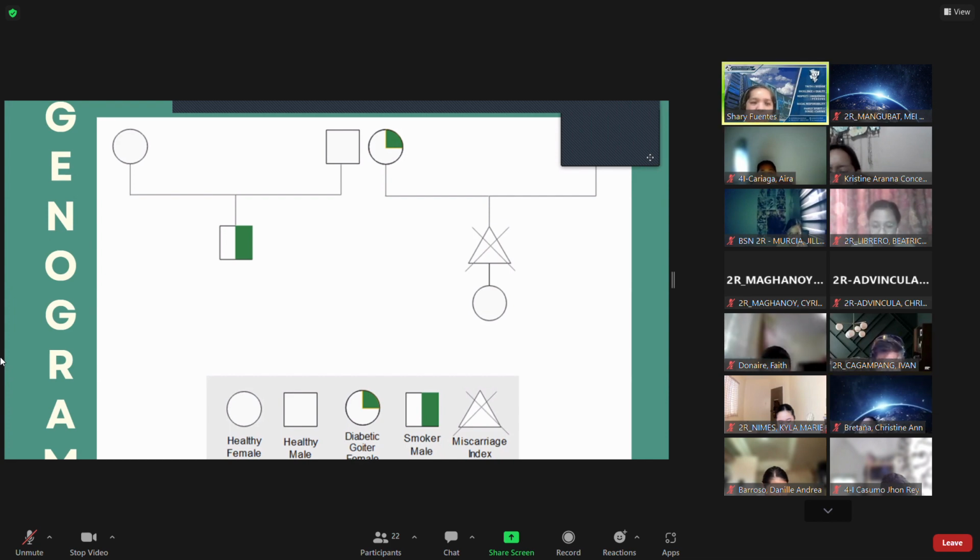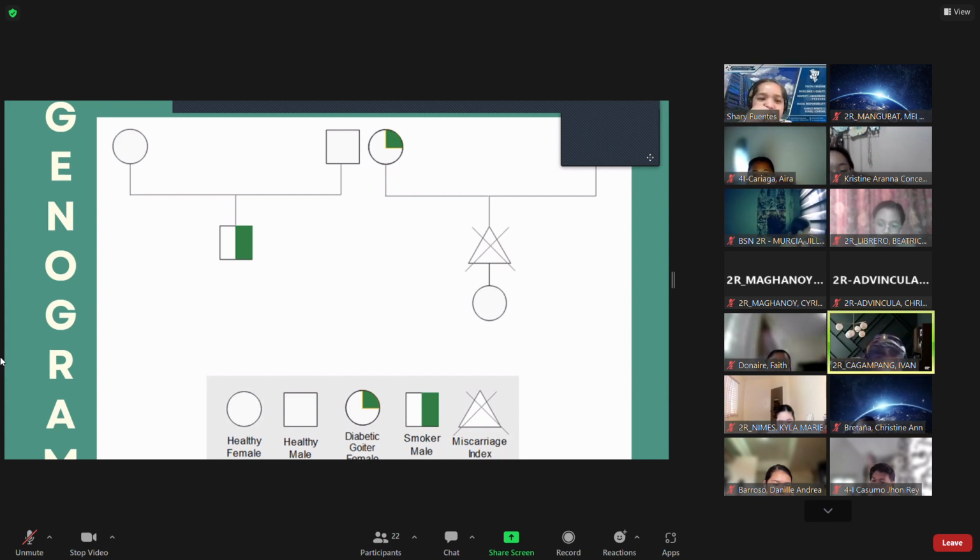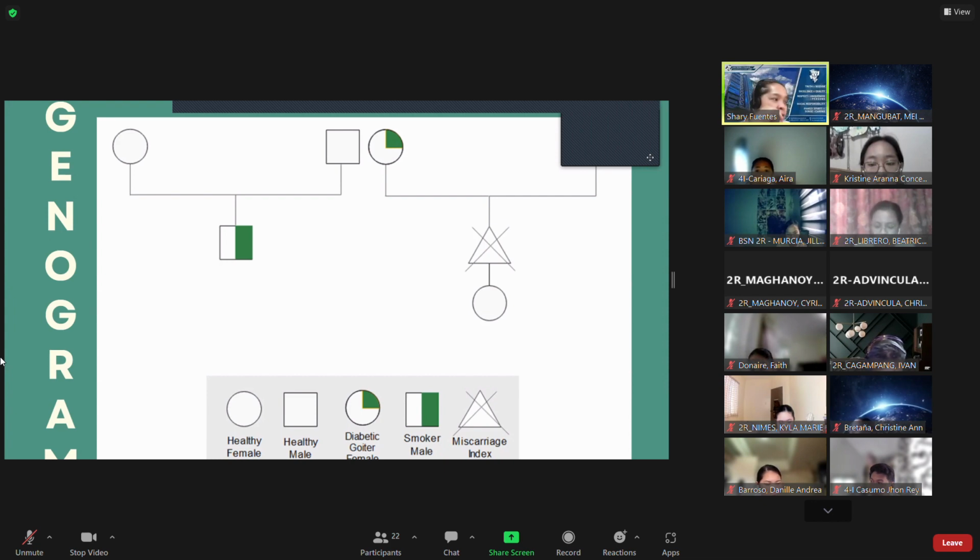If you are to revise this one, how are you going to draw that? Can you do that on a blank screen, or are you going to draw it on paper and show it to us?